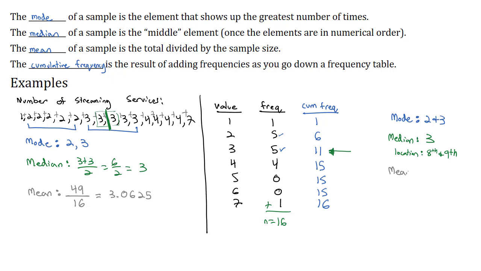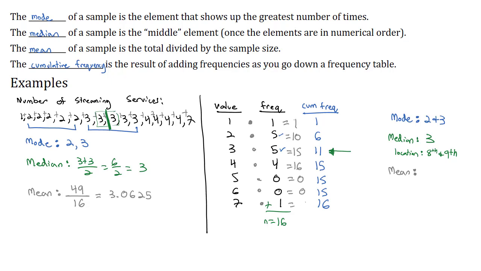The mean is also a little bit easier to pull off of a frequency table because all we have to do is, rather than adding all the individual values, we're going to multiply the value by the frequency. So 1 times 1 is 1. 2 times 5 is 10. 3 times 5 is 15. 4 times 4 is 16. 5 times 0 is 0. 6 times 0 is 0.